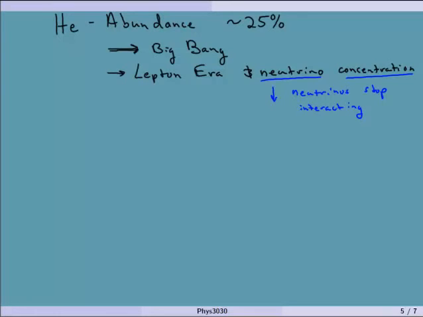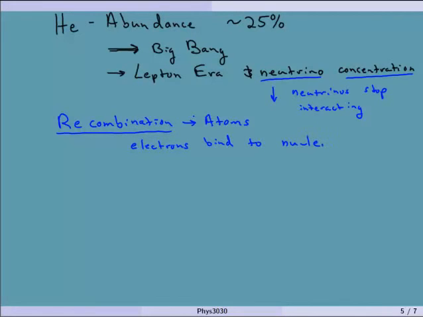Okay. Then after this, just a little bit further along the way, we get recombination, which, again, I'm not sure is the best word because nothing was necessarily ever combined, but then you actually start to get atoms. And the telltale sign of an atom is electrons bind to the helium and the protons, so they bind to the nuclei.